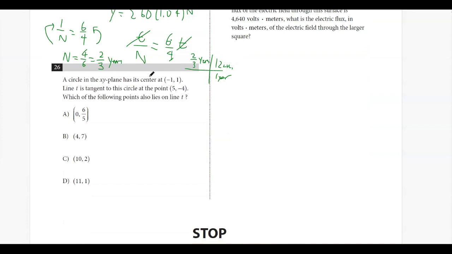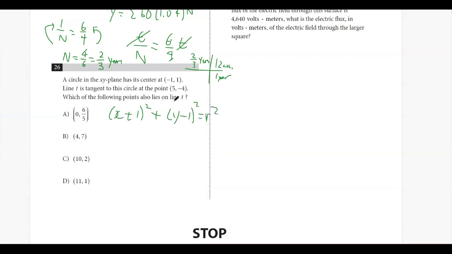A circle in the xy-plane has its center at -1, 1. Line T is tangent to the circle at 5, -4. Which of the following points also lies on line T? So I can write the circle equation here is equal to r squared.